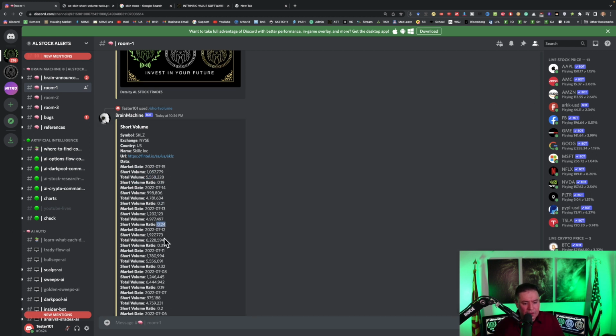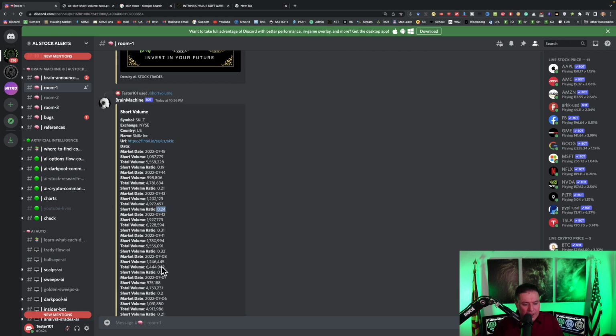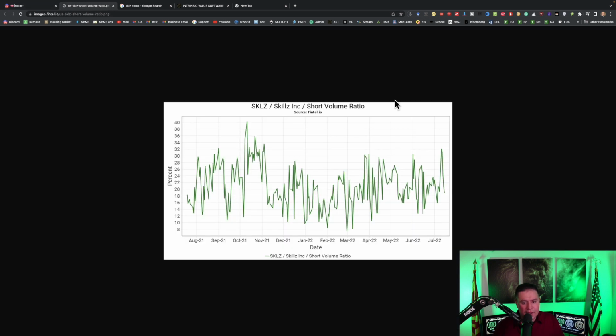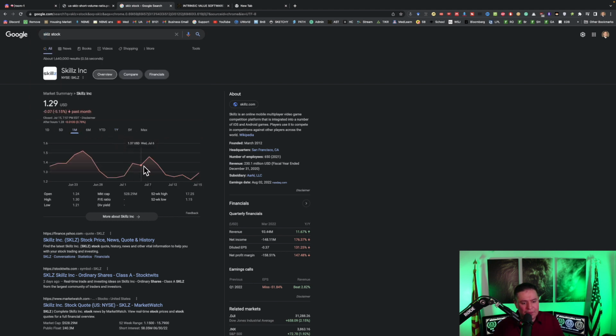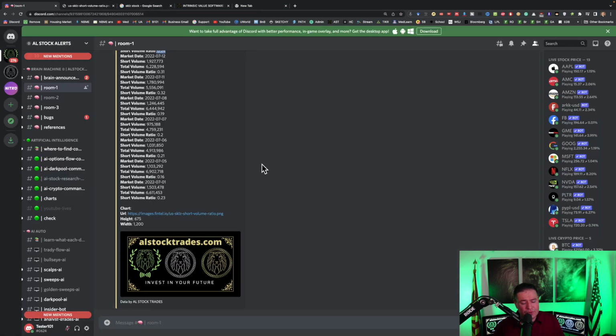It is falling down, but it did have a pretty intense high here at around 32. But that was around July-ish. So if you look at the stock price here within the past month, you can see a relatively strong increase. So you can go ahead and turn this into a short squeeze indicator, but it's not part of our top short squeeze stocks. So that is right there.